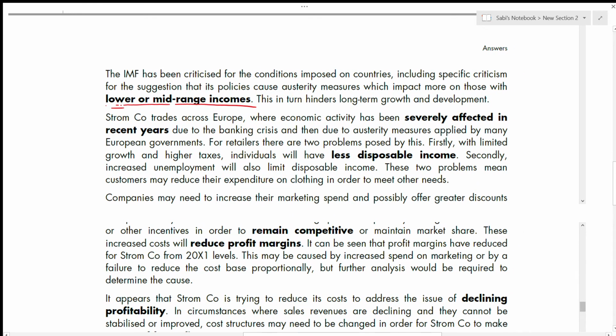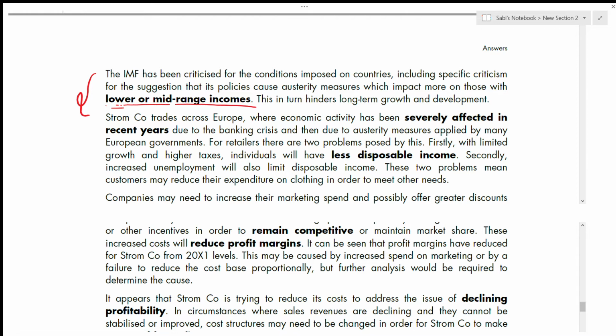Now they are slowly moving to the austerity measures. You see, you need to link how the IMF conditions, the roles and aims of the IMF, are giving rise to the austerity measures, which is having a negative impact on Strom company. So you need to relate how it is having that austerity measure. In this paragraph, they are linking austerity measures.